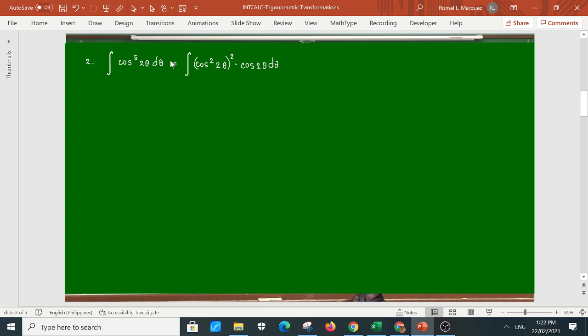Remember, our goal is to come up with a quadratic power because what we have in the transformation is a quadratic sine or cosine. Okay? And this is equal to, let's transform this now, guys. So we have this integral.